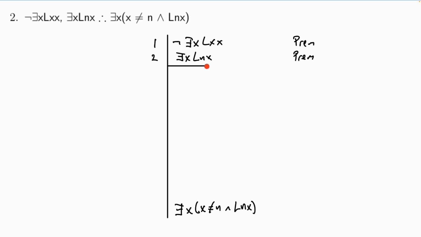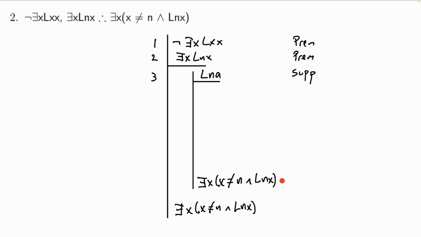And again, it makes sense to start by instantiating this existential statement, taking some arbitrary member from the domain and supposing that they are loved by N. And now under that supposition, we're going to try to derive this existential statement.